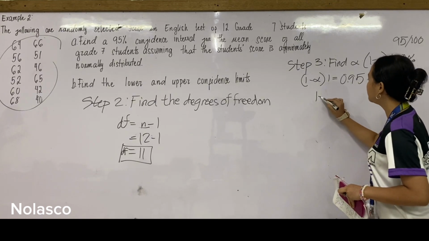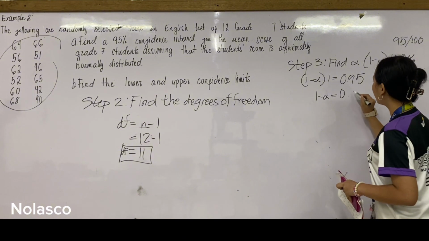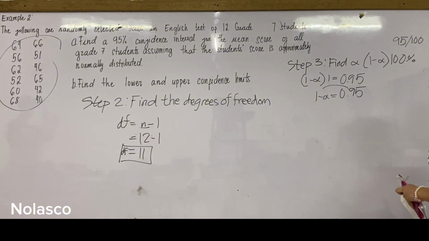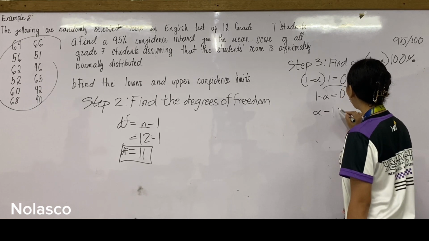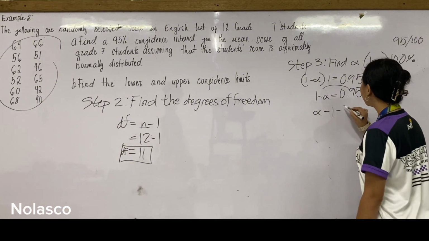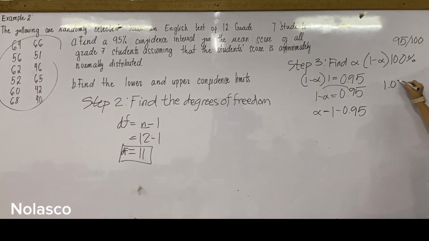And then 1 minus alpha is equal to 0.95. Then we transpose, so alpha is equal to 1 minus 0.95.